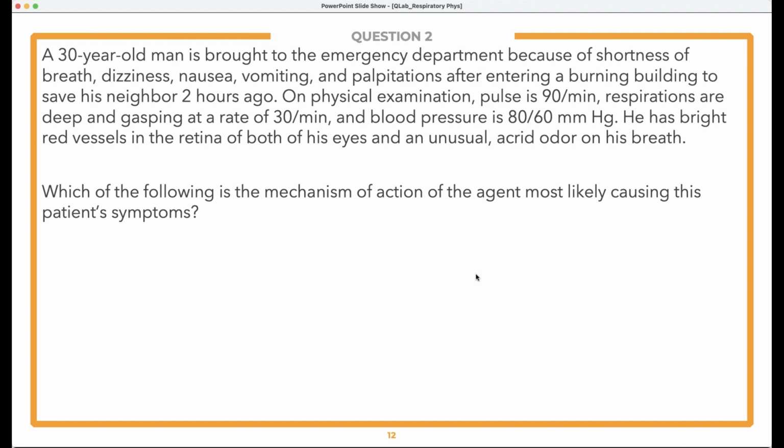He has bright red vessels in the retina of both of his eyes and an unusual acrid odor on his breath. So again, the question: which of the following is the mechanism of action of the agent most likely causing this patient's symptoms?